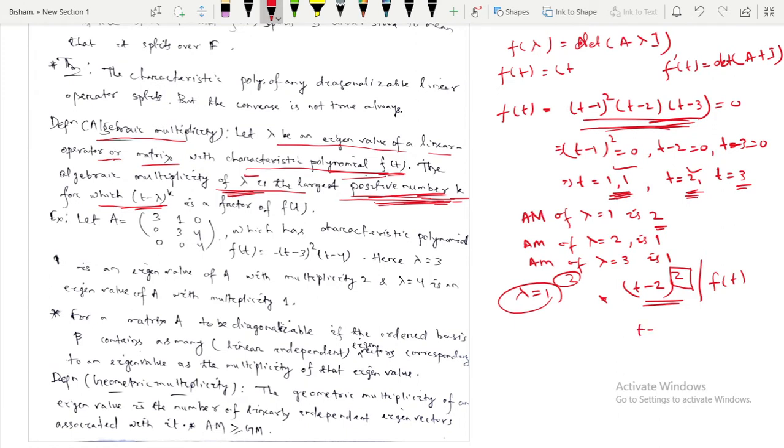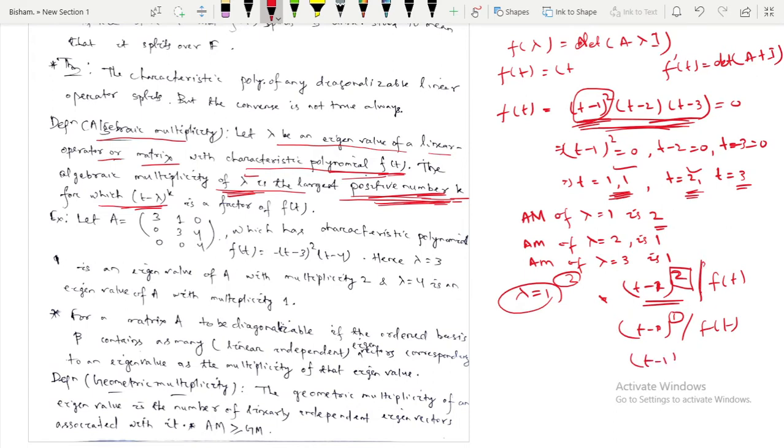If anyone will say t minus 1 also divides f of t, yes, but t minus 1 to the power 1 is not the largest power. T minus 1 to the power 2 is the largest power occurring in the characteristic polynomial.